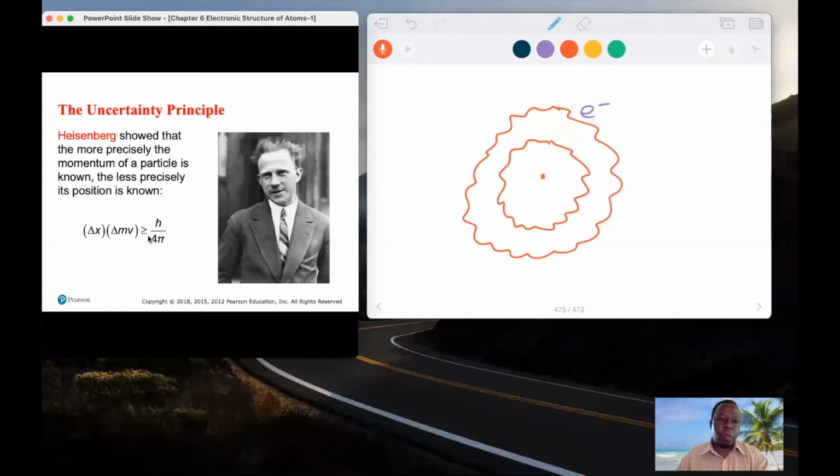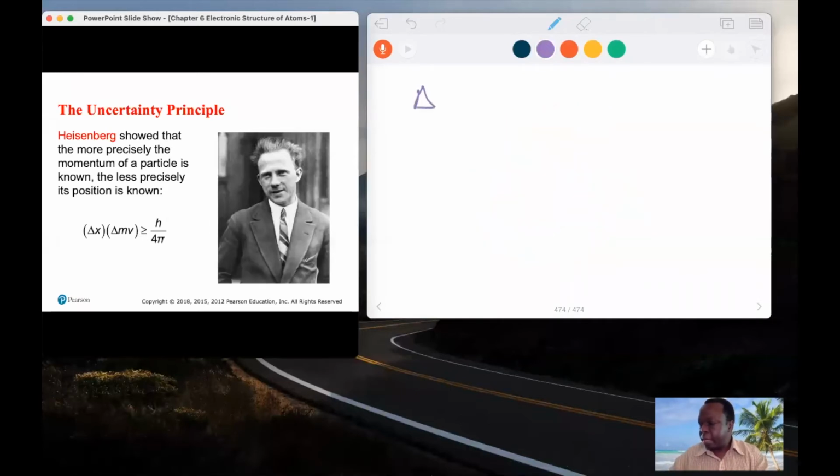This is not equal, but greater than or equal to. This delta x is the uncertainty in position.